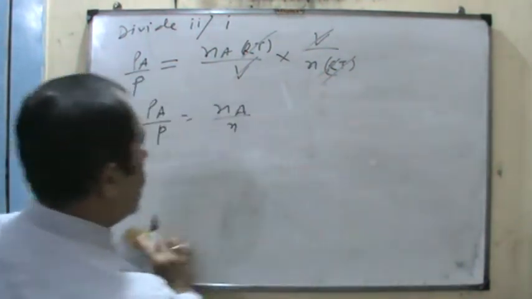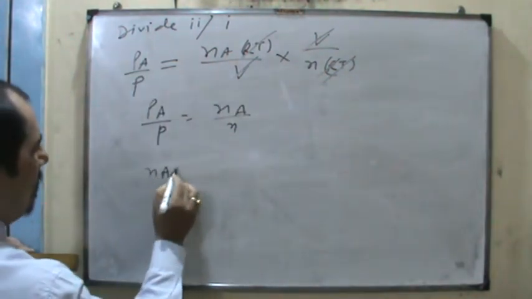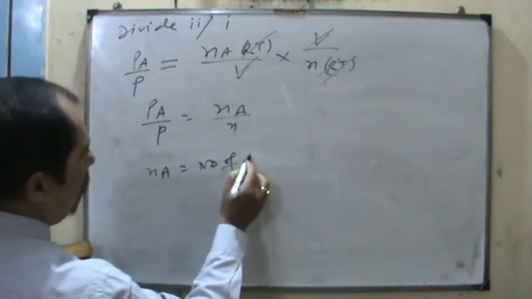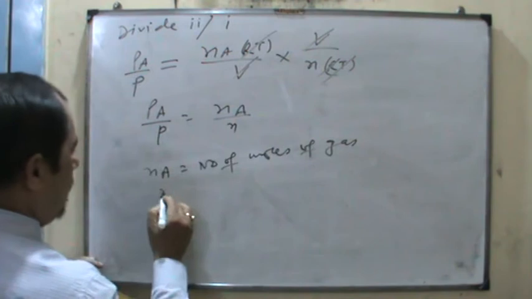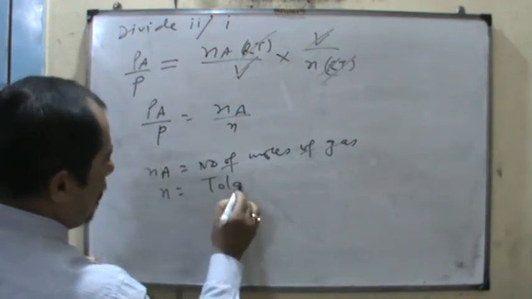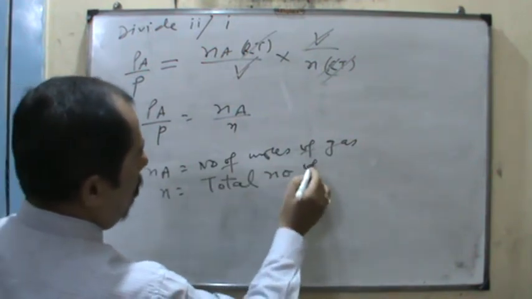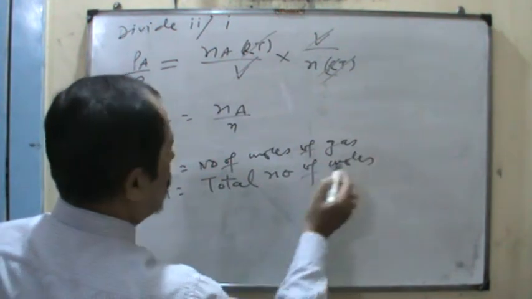What is Na? Na is the number of moles of gas A and N is the total number of moles.